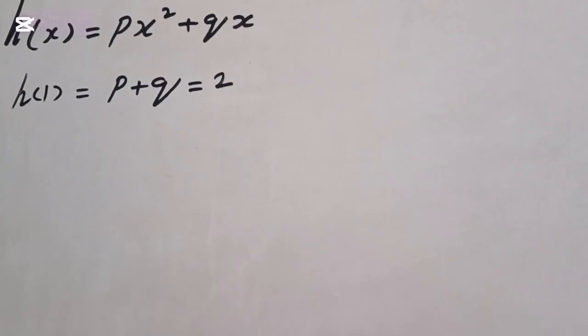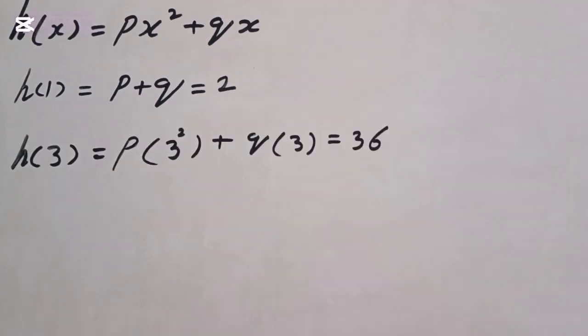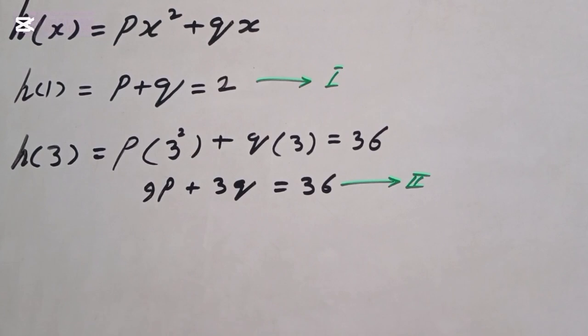As we are given that h at 1 is equal to 2. We are also given that h at 3 is equal to 36. This way we have found two linear equations. We'll solve them simultaneously to find out the values of p and q.